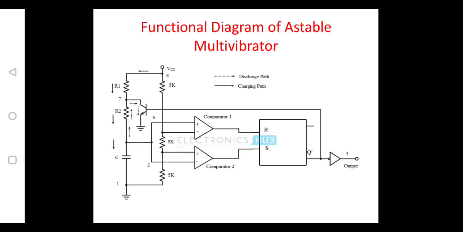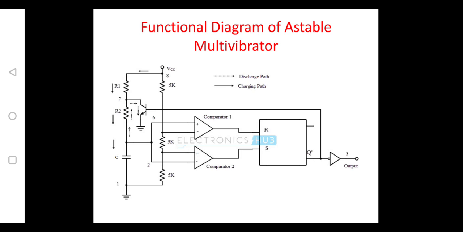Now, as the capacitor starts charging through R1 and R2, the voltage across the capacitor is increasing linearly. If the capacitor voltage is increasing, it is getting into a positive value of less than 1 by 3 VCC.